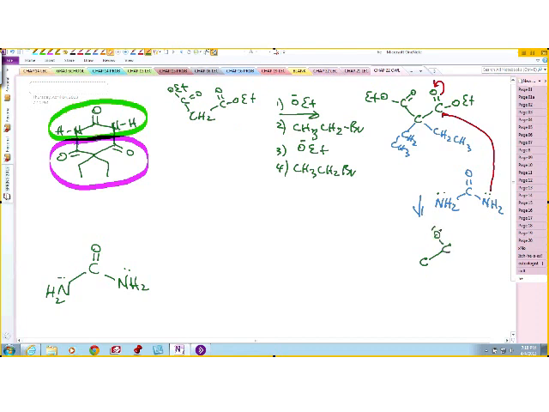Does it happen at the same time on both ends? No. One happens first, then the other one goes in. Okay, so now you have this.